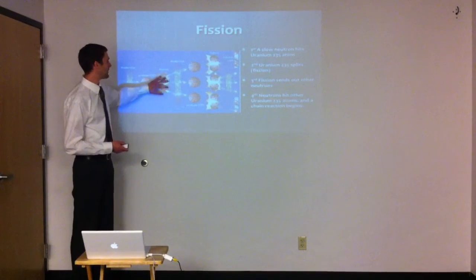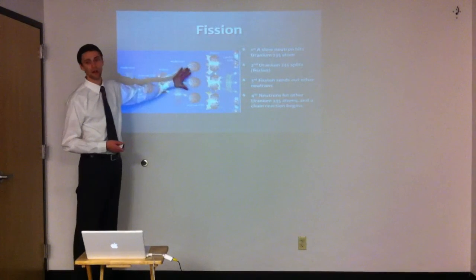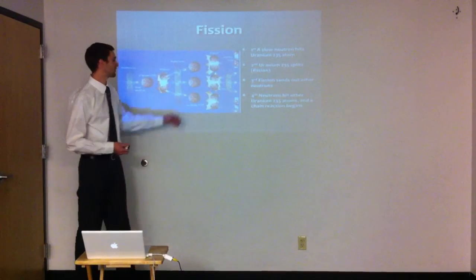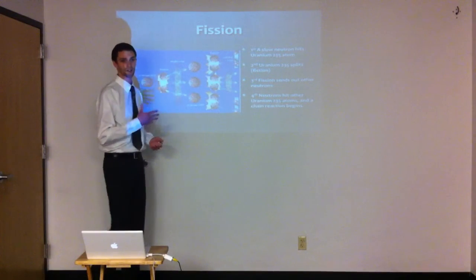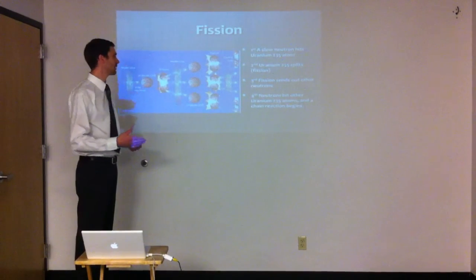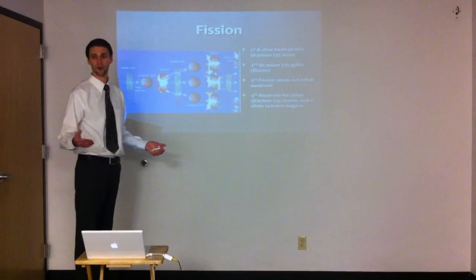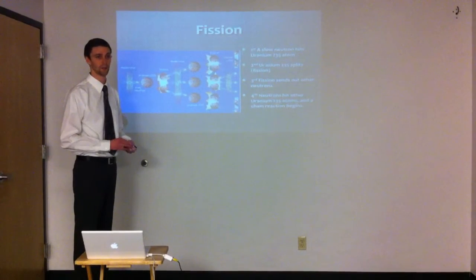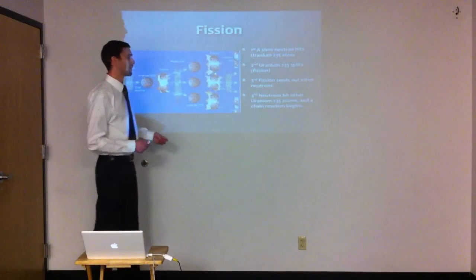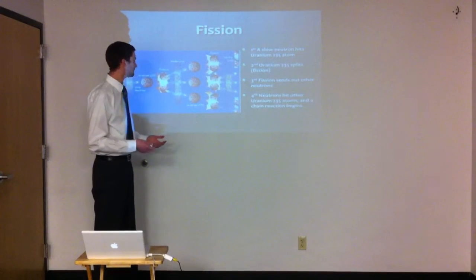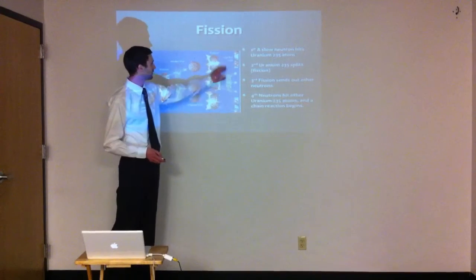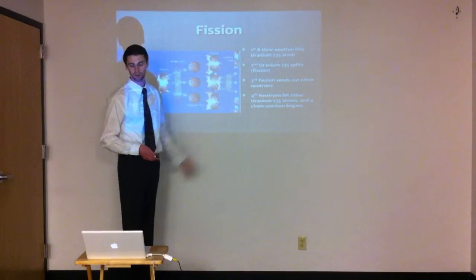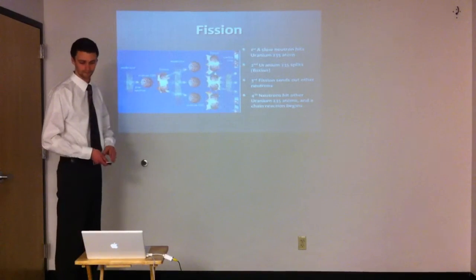These neutrons can now hit other uranium atoms, which can then split and produce energy in the form of heat. This reaction can continue uncontrolled until all of that uranium has been depleted. That's basically what we call a chain reaction. We have ways to control that reaction, which we'll talk about. You can see here it says control rods, and we'll talk about this a little bit more too.